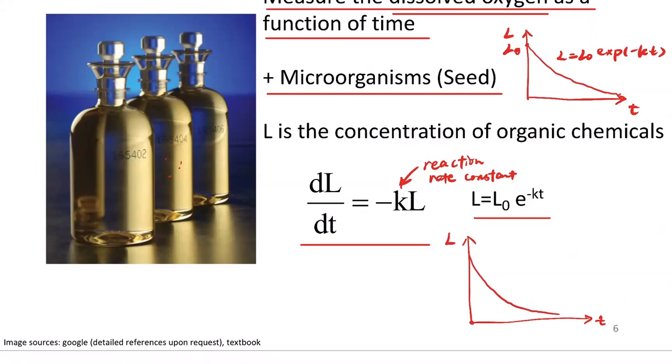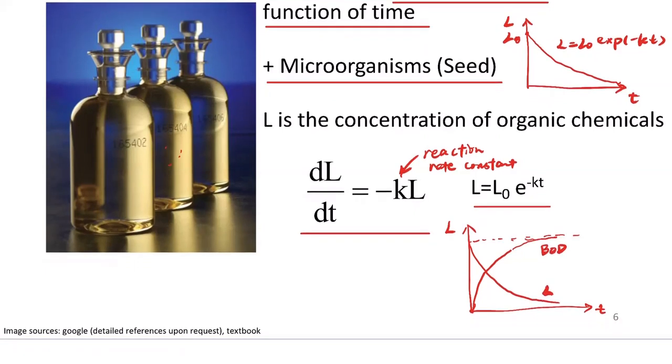But as time goes on, first the oxygen is consumed at a fast rate, and then it gets slower and slower, mainly because the organics are being consumed. And when all the organics are gone, it reaches the highest BOD value. So this is the BOD, and this is the organics, okay?